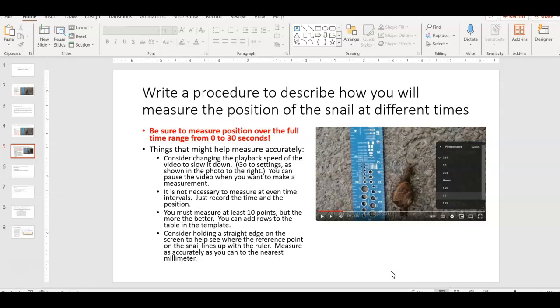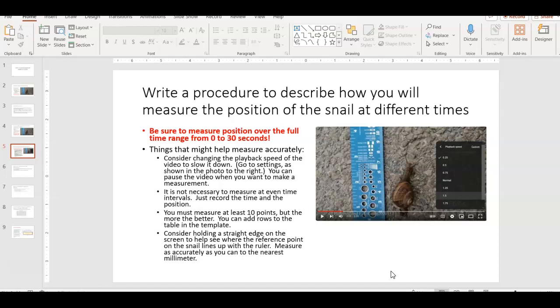Okay? A few considerations. You can change the playback speed if you want to slow it down. You go to the gear for settings and then change the playback speed. I'm showing a picture of that over there on the right. It's not really necessary to stop the video at precisely even time intervals. You don't have to measure at each second exactly.